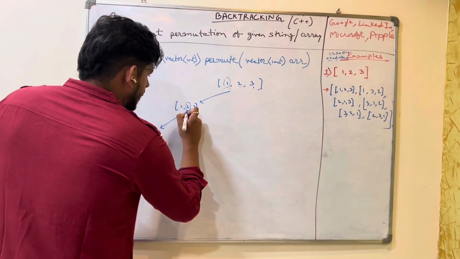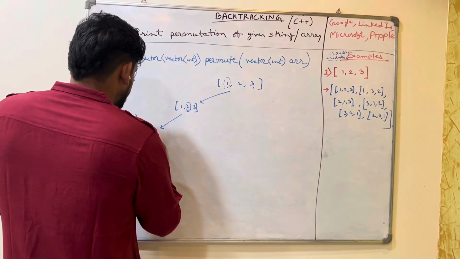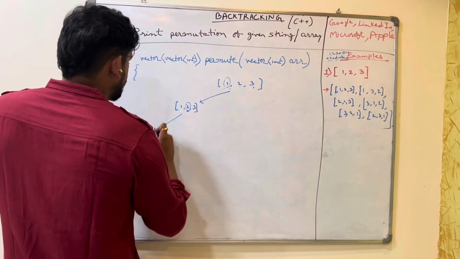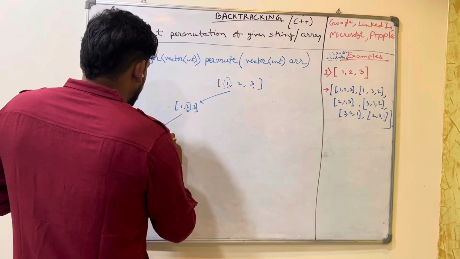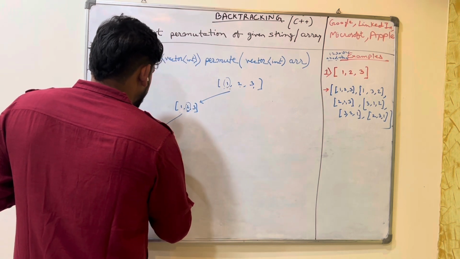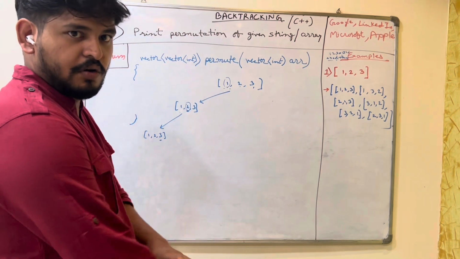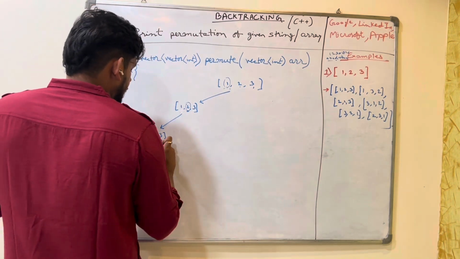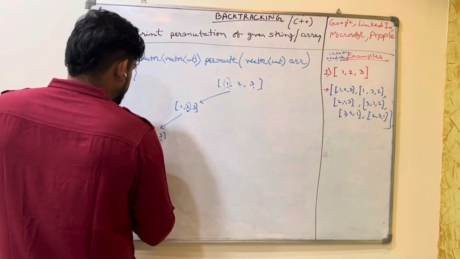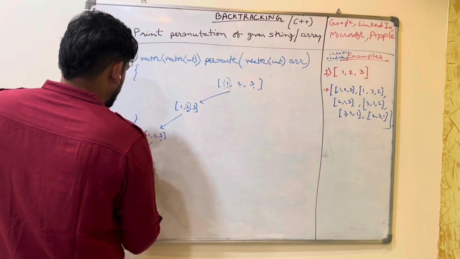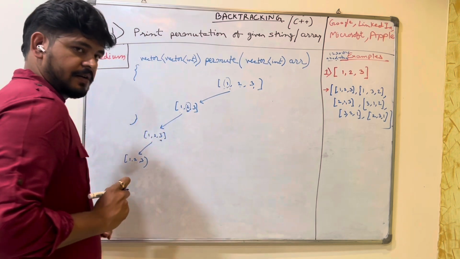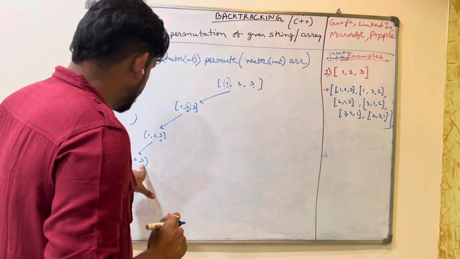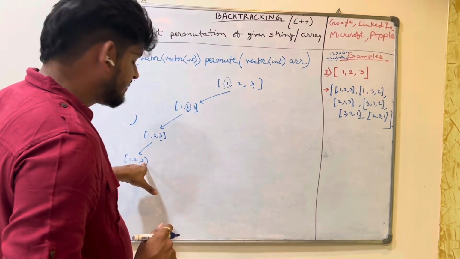Again we swap 2 with 2, so our value becomes 1, 2, 3, 2 is swapped with 2, the same position, and 3 is in the third position. Now when we have reached here, we don't have any other thing to swap here. So the index is completed.